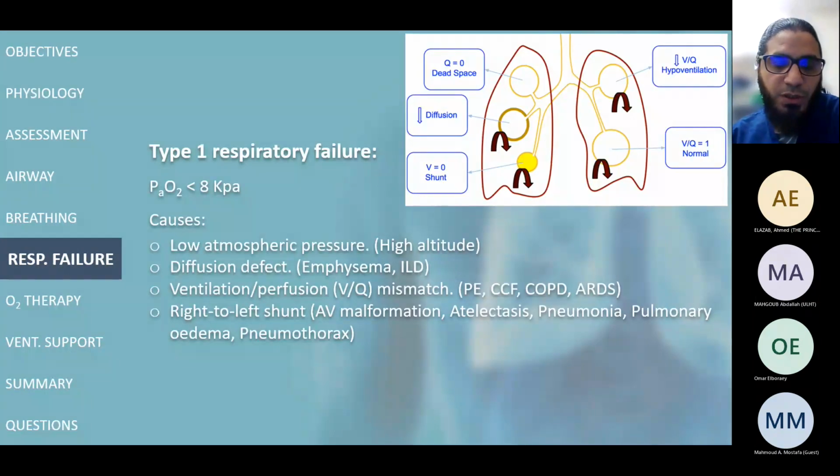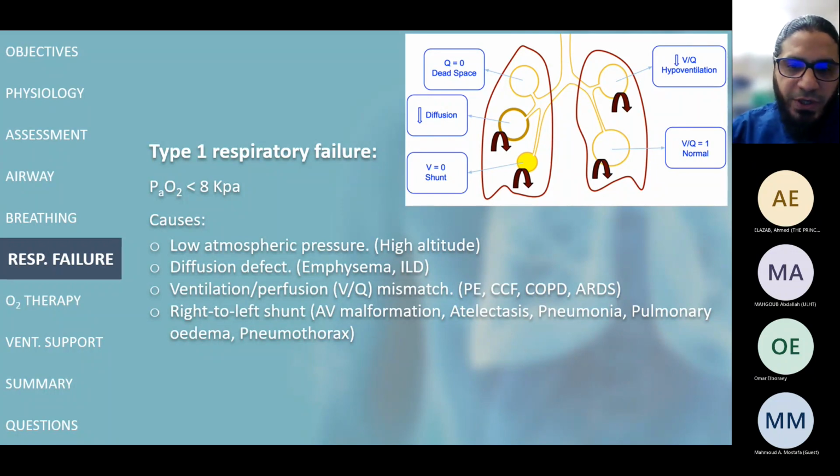So type 1 will mainly be due to affected oxygenation. So the oxygen is not getting into the blood. And when you measure it by a blood gas, you will find a partial pressure of oxygen of less than 8 kilopascal or 60 millimeters of mercury.